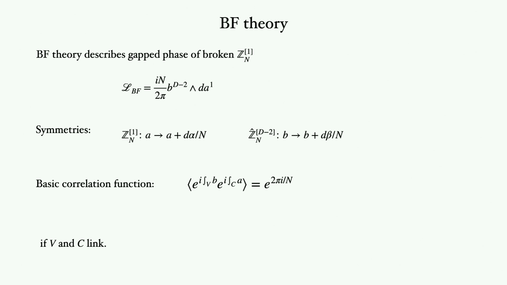And there are two Z_N symmetries associated with these two. The basic correlation function in the game is the relation between these two, which gives you their mutual statistics. If C links with that V, it will give you a pure phase.